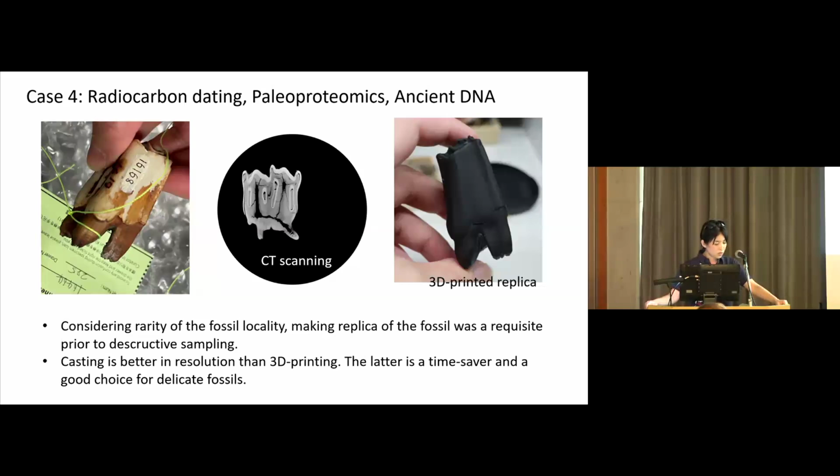To save time, we chose to preserve tooth morphology by CT scanning, and a subsequent 3D printed replica was made. And the tooth is currently loaned to Takumi and his colleagues, but an adequate of these samples will be returned to our museum after his research is done, and the other extracted material, if present, will stay in his lab for the sample properties.